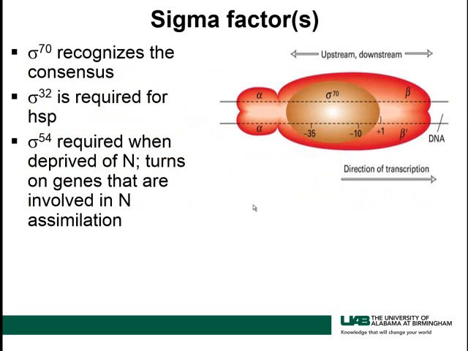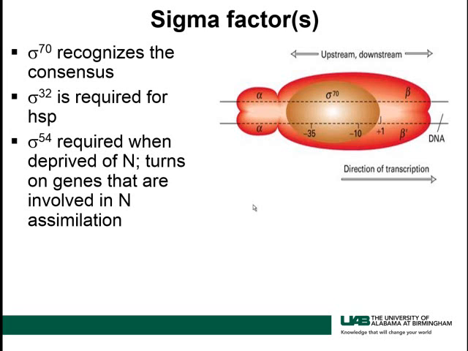There are a number of different sigma factors depending on the gene that is going to be transcribed. For instance, sigma 70 recognizes the consensus sequence that we've already shown, but sigma 32 is required for heat shock protein transcription.